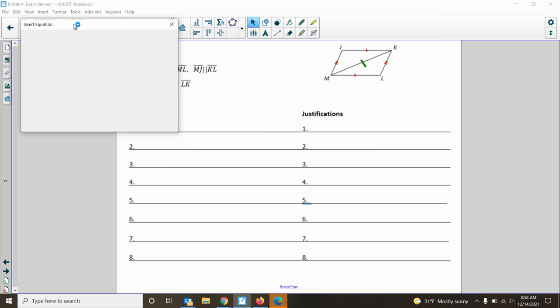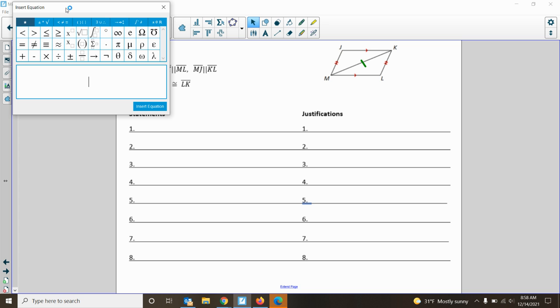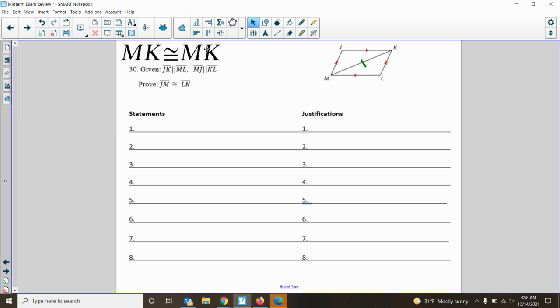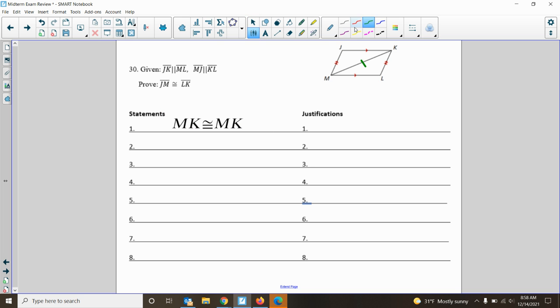So let's say MK is congruent. Here's that congruent symbol. There we go. It's congruent to MK. And then, of course, I should have segment marks over that because we're talking about shapes.